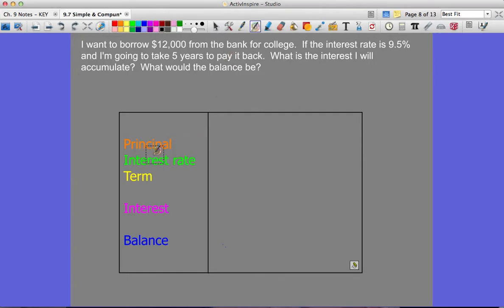The first thing we need to do is identify each piece of the puzzle. The principal would be the $12,000. Your interest rate is 9.5%. The term is 5 years. So now we have to use our formula.